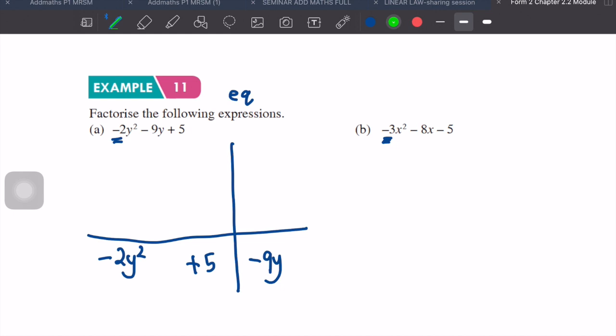Okay, sekarang tengok. Apa nombor yang darab dapat negative 2y square? So mungkin 2y times negative y. Mungkin juga negative 2y dan positif y. Awak kena pandai-pandailah. Kita cuba jaya di situ. Next 5. Apa nombor yang kita darab dapat 5?